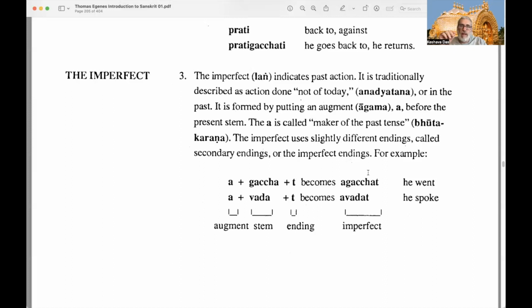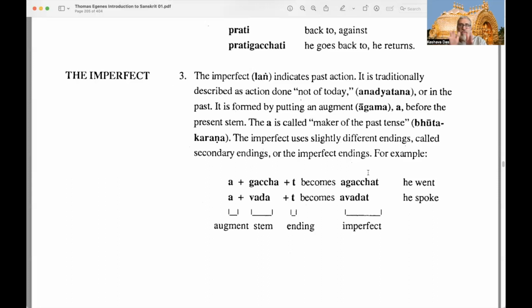So it is formed by putting an augment, which means some additional letter or letters, which he calls agama. The augment is short a before the present stem.